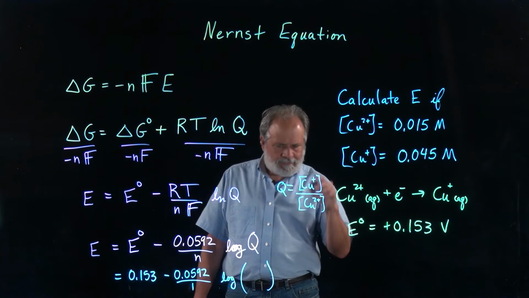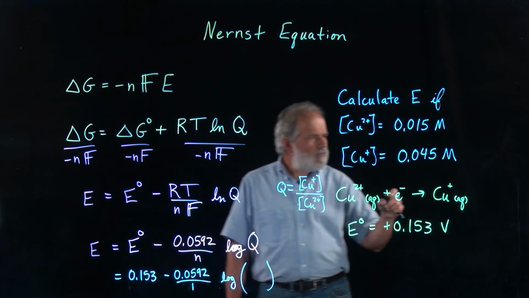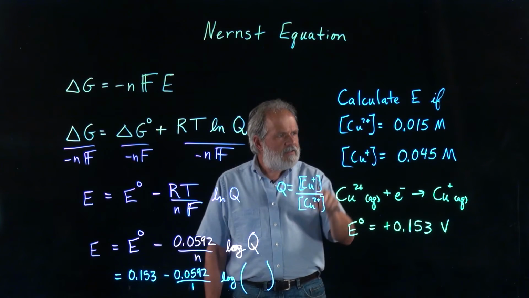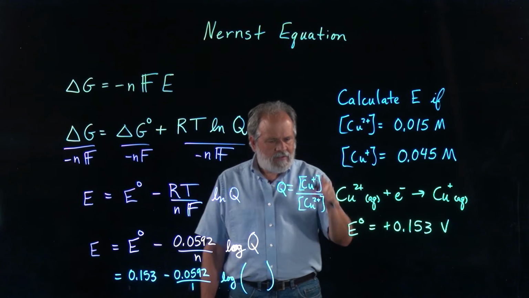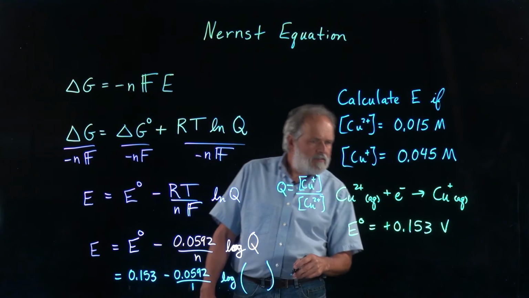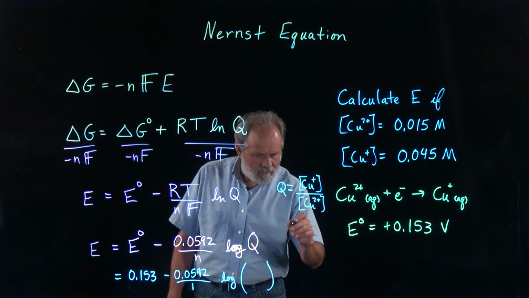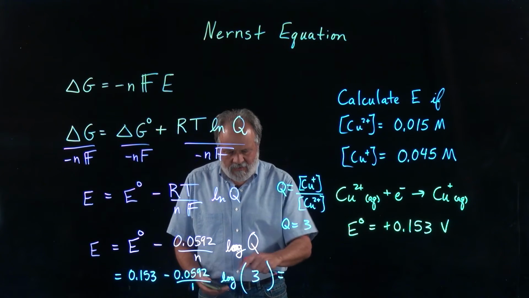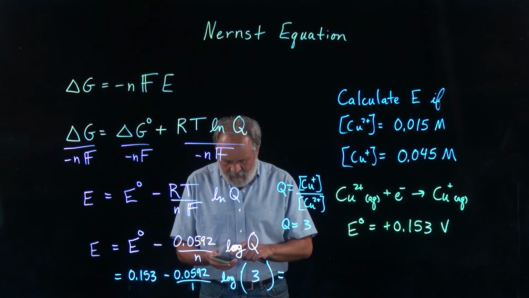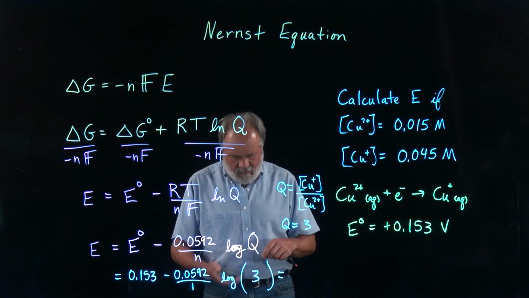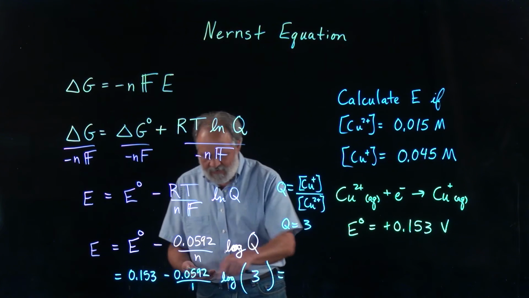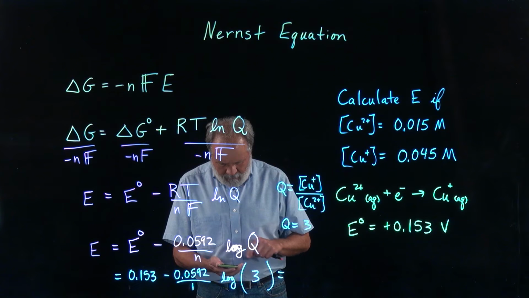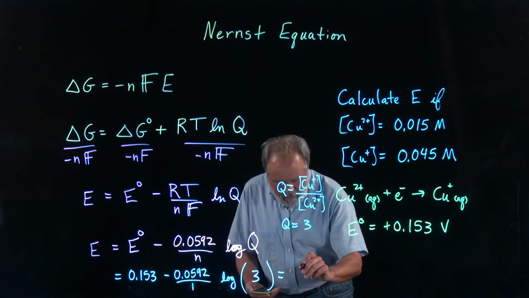If the molarity of copper 1 is 0.045 and copper 2 is 0.015, then Q is 3. Now let's calculate the numbers in this equation. The log of 3 is 0.477, times minus 0.0592, and that's minus 0.028.